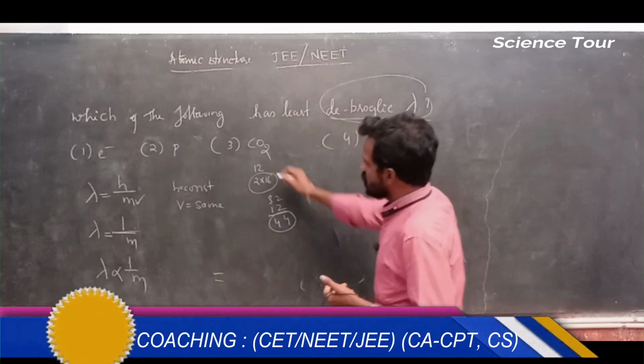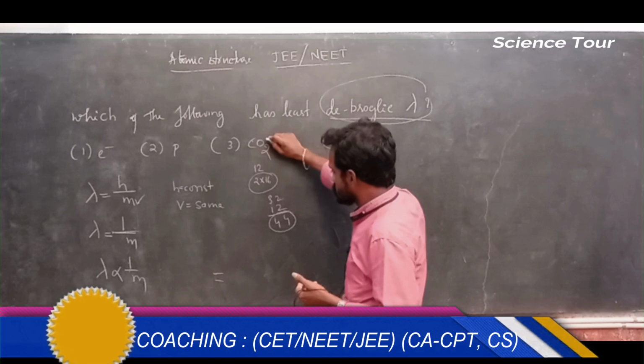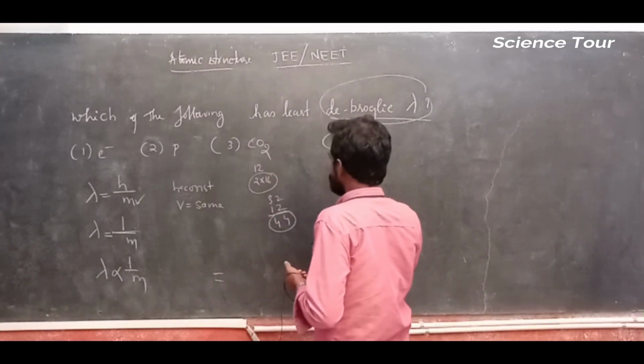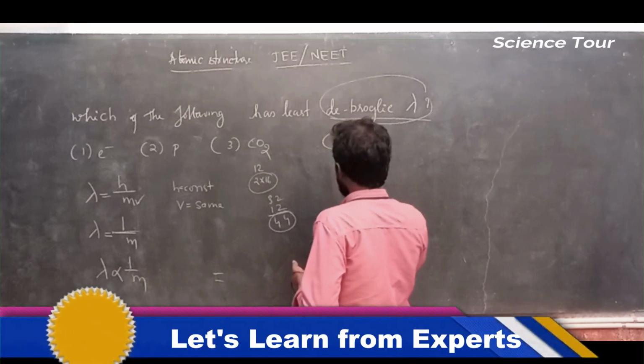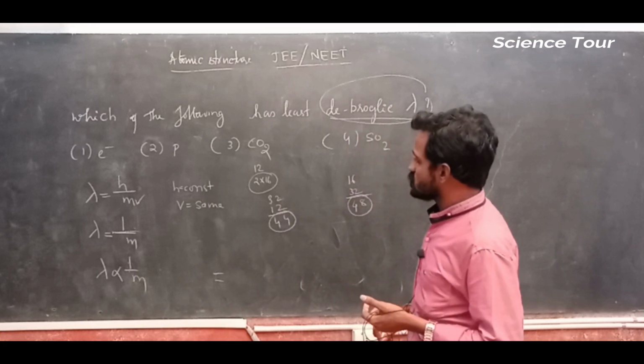Because 12 is the atomic mass of carbon, oxygen is 16, 2 into 16 is 32, so 44. Okay, here sulfur dioxide, my dear students, 32 plus oxygen 32. So which one has the highest mass, my dear students?